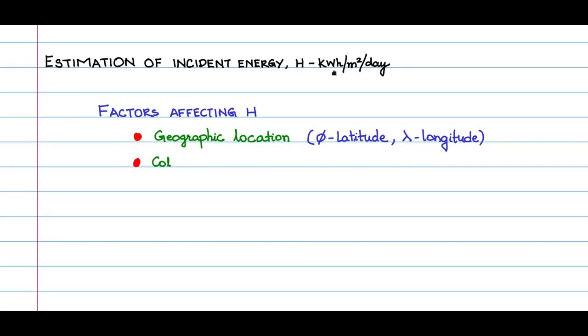Another factor that affects significantly this value of H is the collector orientation. By collector, I mean here the solar PV panels. Solar PV panels are always flat. They are flat collectors. However, in the thermal applications, the collectors need not be flat. You will see parabolic and cylindrical paraboloids being used as collectors, and they have different concentration profiles.